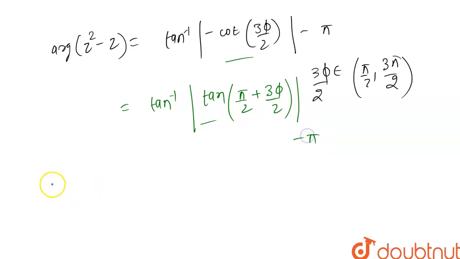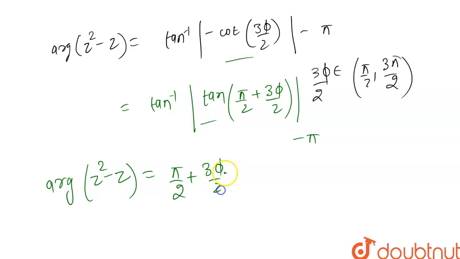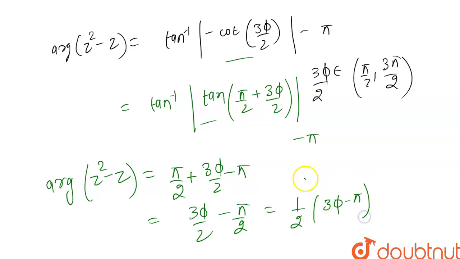So our argument of z square minus z becomes equal to, since tan inverse tan theta is theta, pi by 2 plus 3 phi by 2 minus pi, which becomes equal to 3 phi by 2 minus pi by 2. So the answer is half of 3 phi minus pi. This is the answer for the argument of z square minus z.